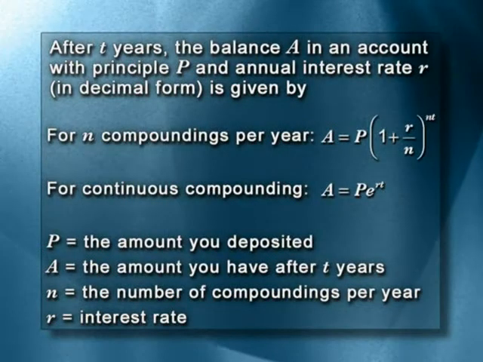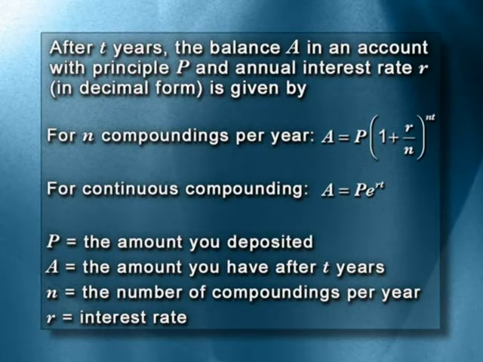But now think about this. Suppose you compound daily. Or suppose you have a bank that compounds hourly. Or you compound every minute. You compound every second. You compound every nanosecond. You compound all the time. And we call that continuous compounding.